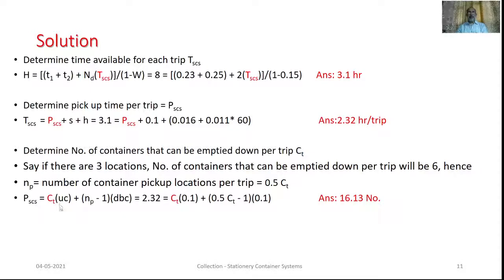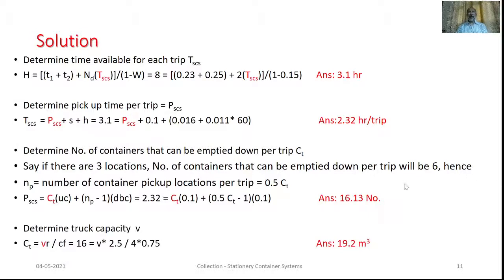So as we make use of the expression for the PSCS, the number of containers that can be emptied per trip can be worked out as 16.13. So we'll consider this as 16, and we can make use of CT is equal to VR by CF in order to determine the truck capacity, which comes to be 19.2 cubic meter.